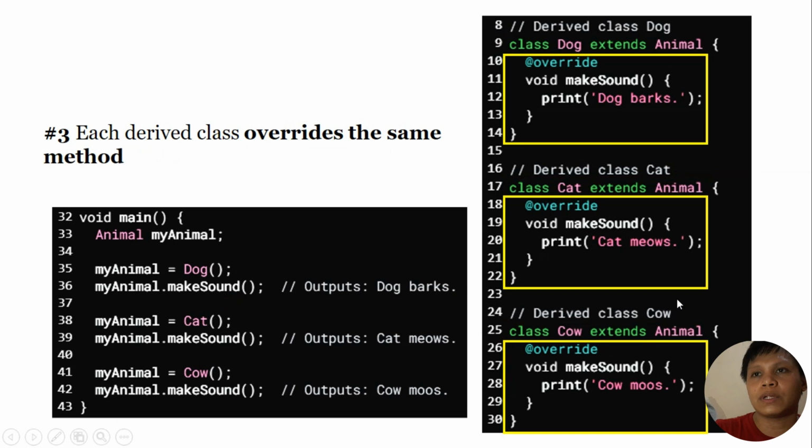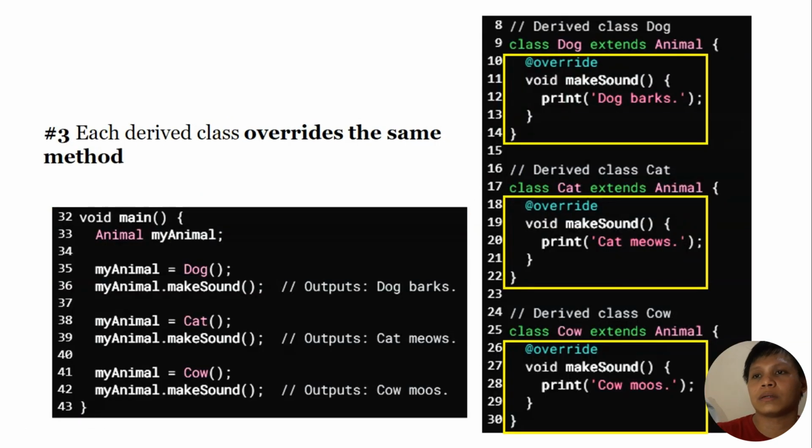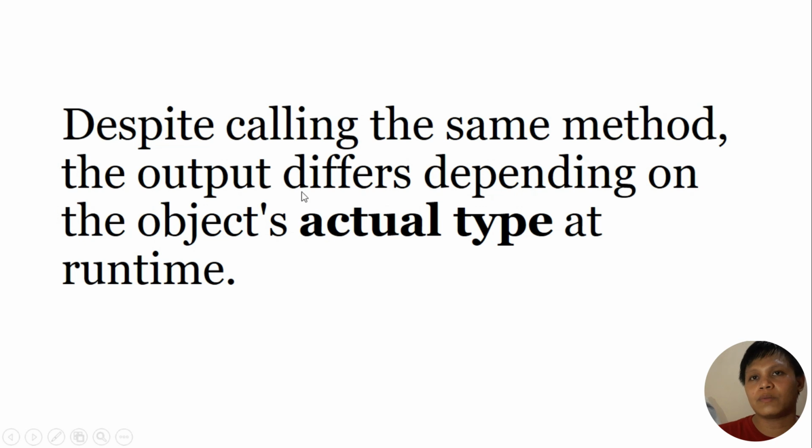And then for the third, each of these classes are also overriding the same method. Then that's pretty much about it. And so, despite calling the same method, which is yung makeSound, the output differs depende sa actual type ng object during runtime. So yun naman yung point dito, no?